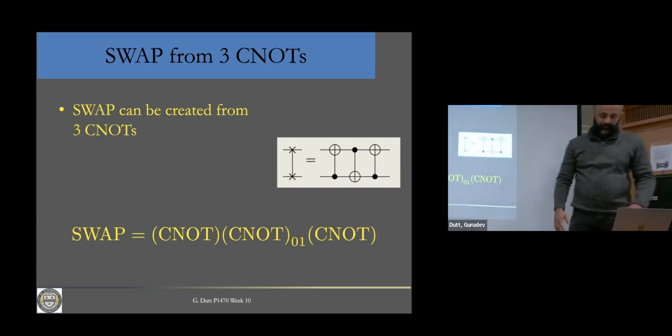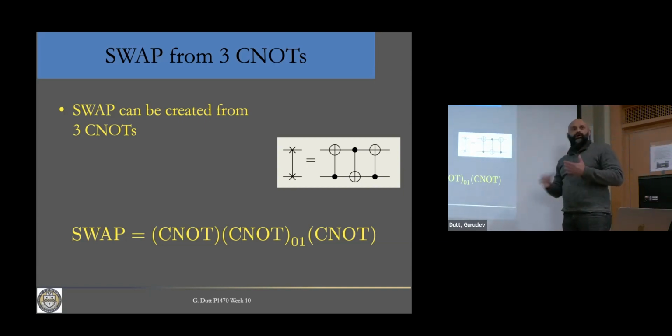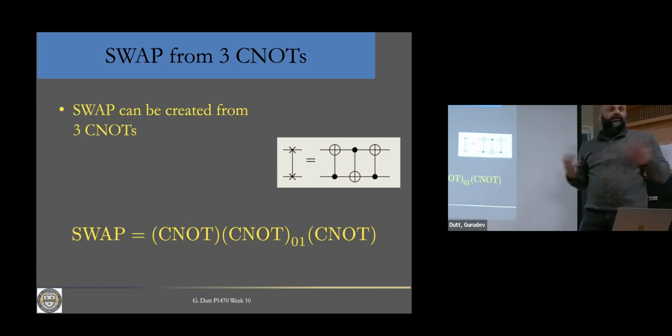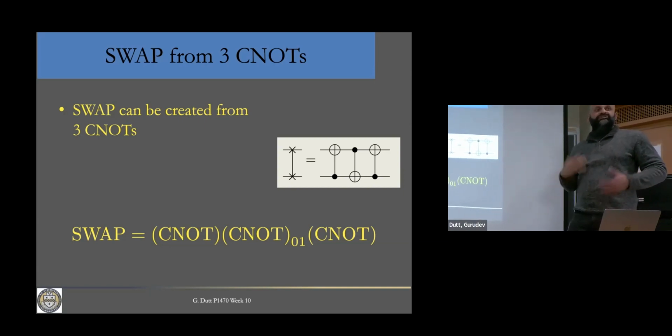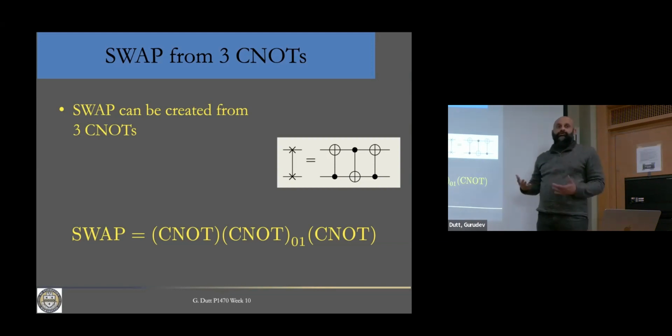This is one reason why you want all these circuit identities: it all depends on the implementation and the hardware, which gates are easy to do and which gates are harder to do, and then you want to simplify the circuit to make it as easy as possible for the computer to run the simulation. Okay, run the code.